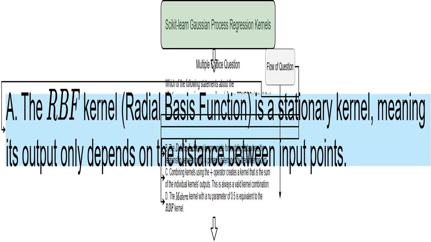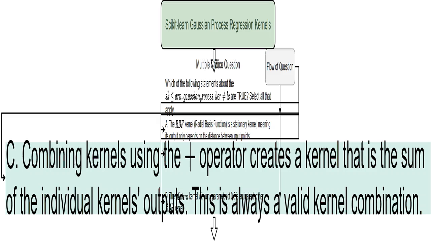Statement B focuses on the dot product kernel. This kernel is useful when the relationship between data points is strongly linked to their inner product, a measure of similarity. I need to verify this based on the definition of the dot product kernel. Statement C describes kernel addition. It claims that adding kernels using plus always results in a valid kernel.